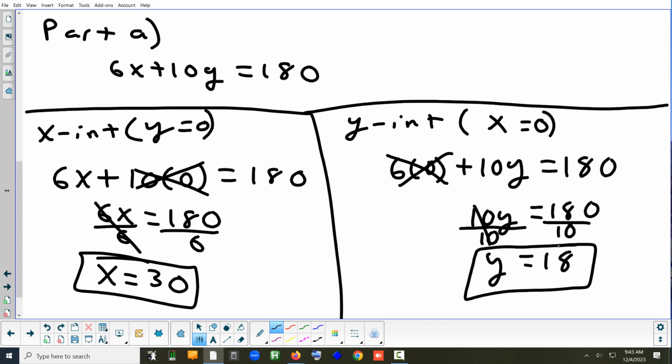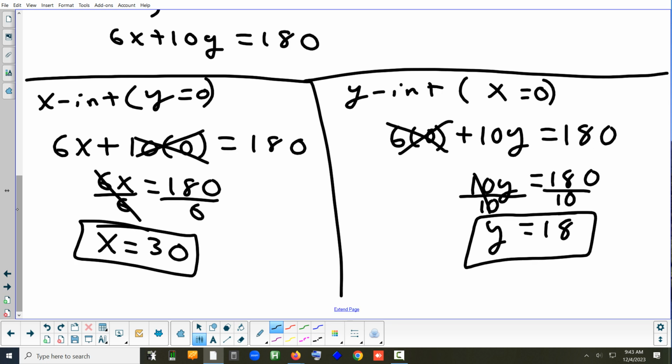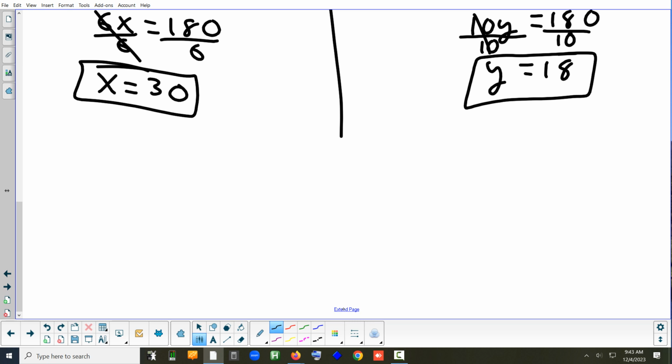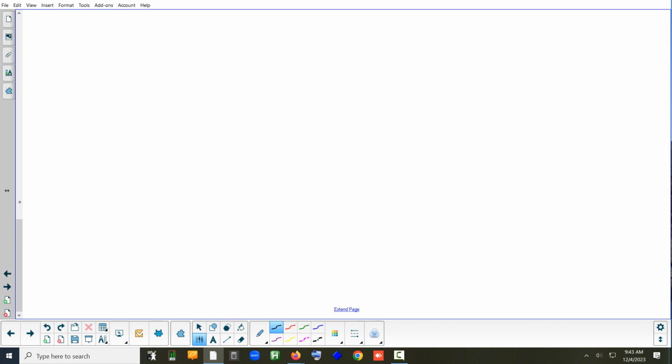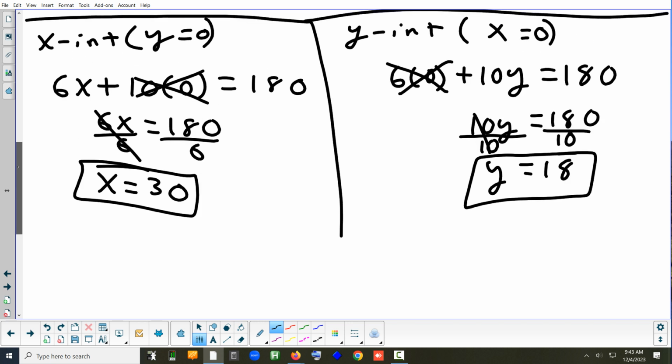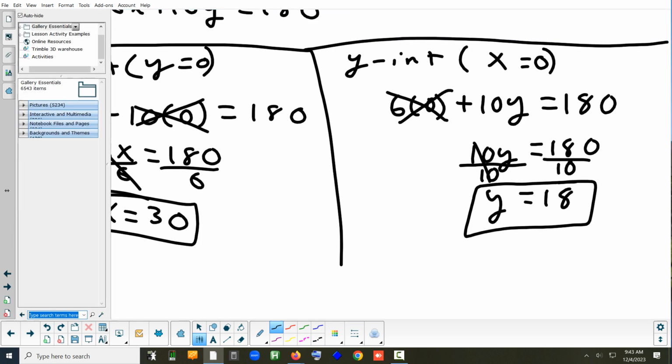I'm not going to go by ones, because it's going to be a little hard for me to graph that. I think I might go by twos. Okay, I think going by twos is going to be a little easier. All right, so let me get a graph.